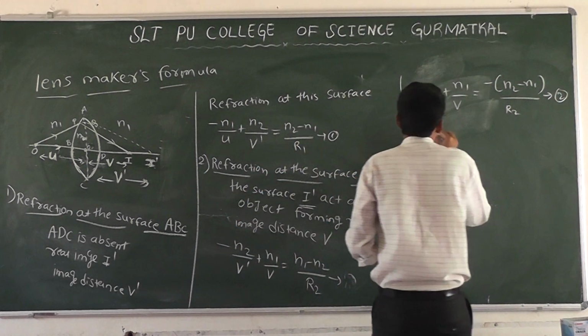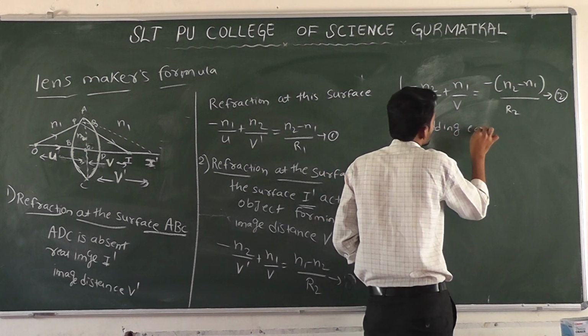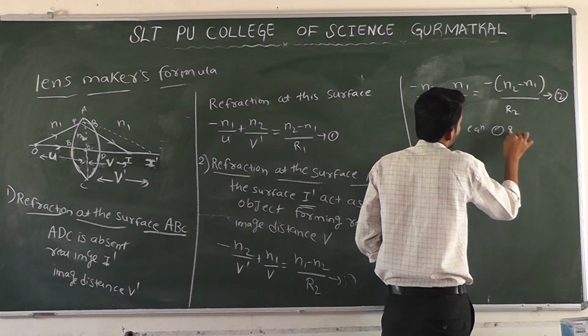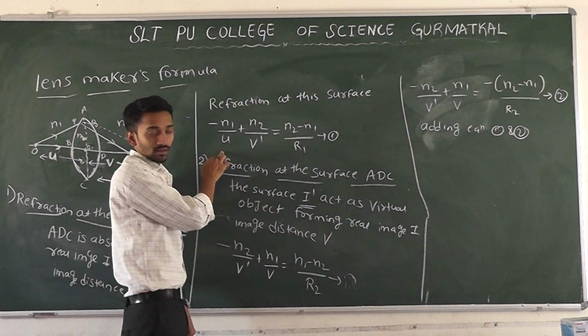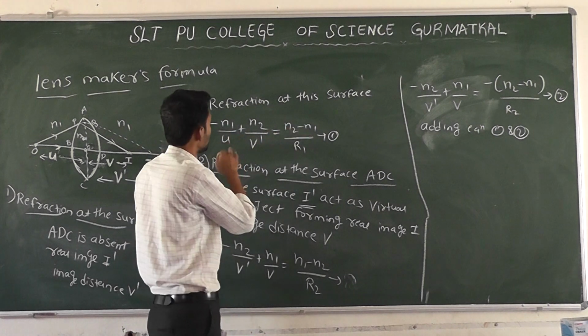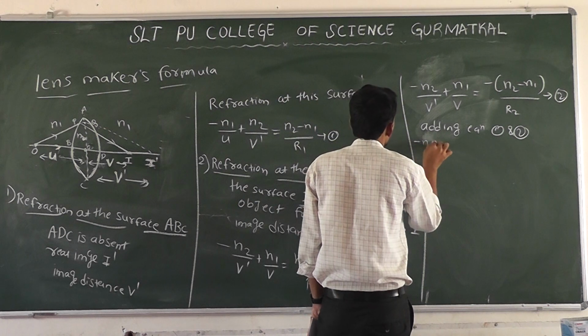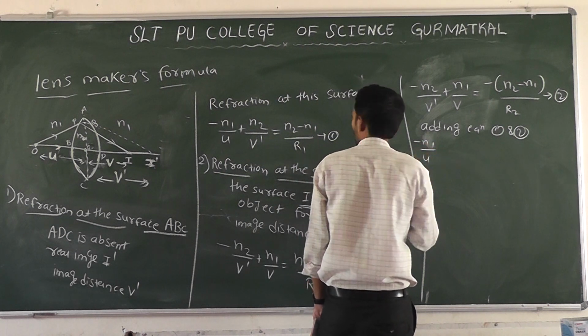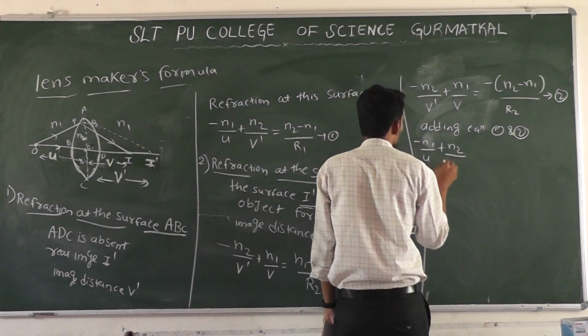Next, adding equations 1 and 2. Where is equation 1? Here is equation 1. Where is equation 2? There is equation 2. We will add these two equations. So see the equation: minus n1 by u plus n2 by v dash.